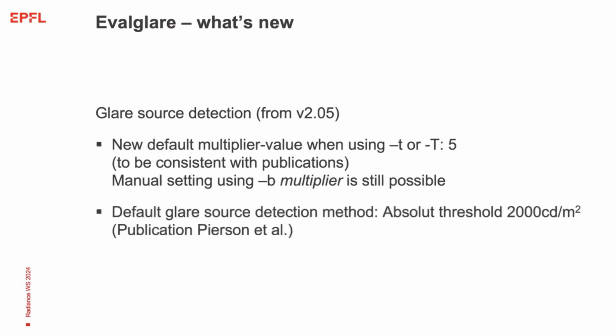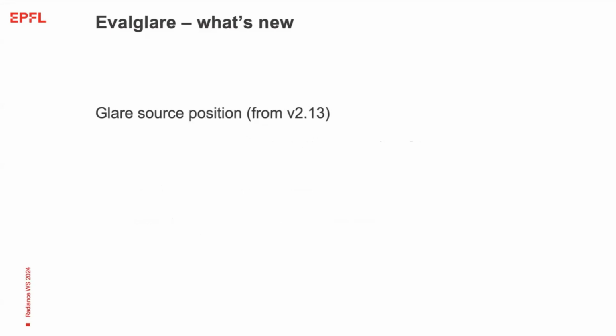And the default glare source detection method, if you don't specify any parameter, has changed to an absolute threshold method of 2000 candela per square meter, according to the publication from Clotilde a while ago. This has been implemented already and is in the last versions.